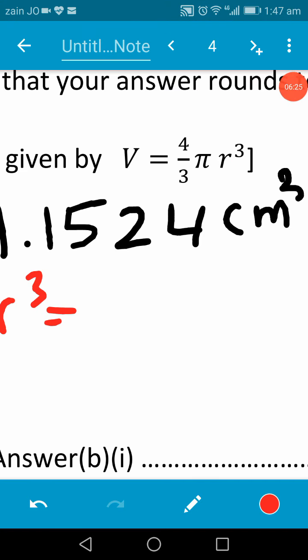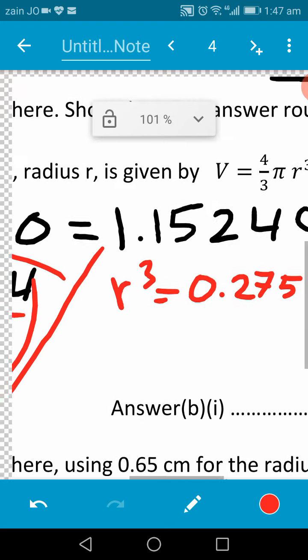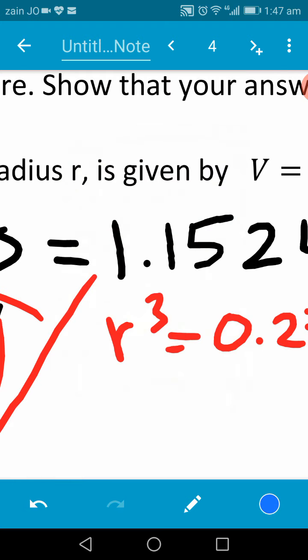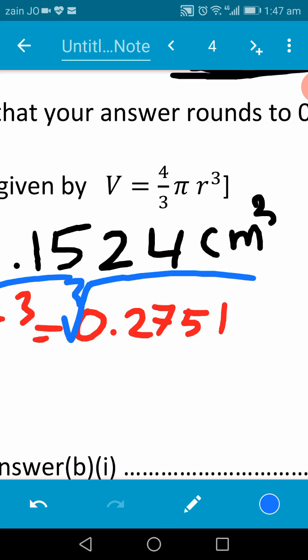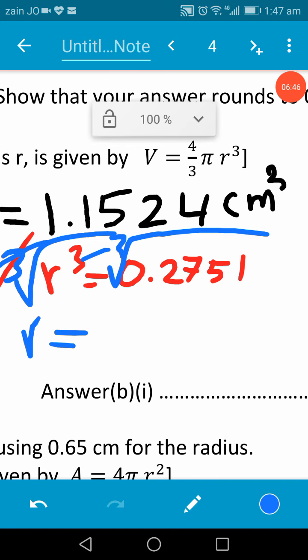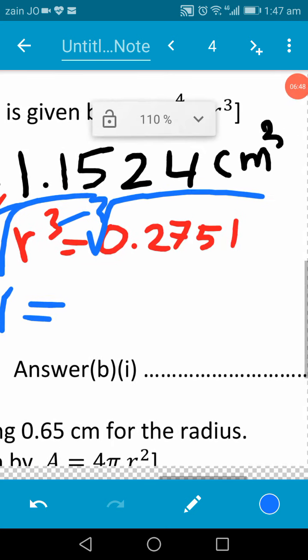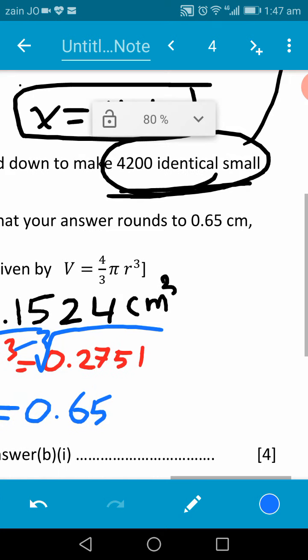Now take the cube root of both sides. The cube root of r cube leaves r, so r equals 0.65. Of course it is not enough to write 0.65, because the question says show that it rounds to 0.65.